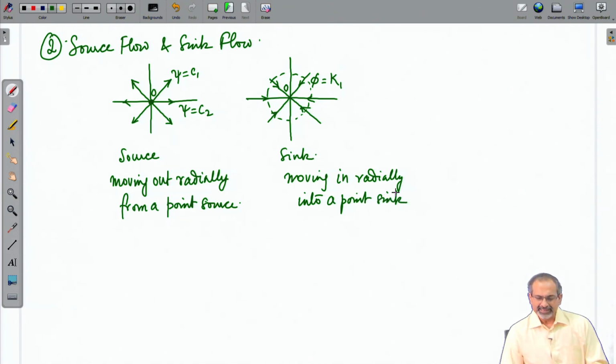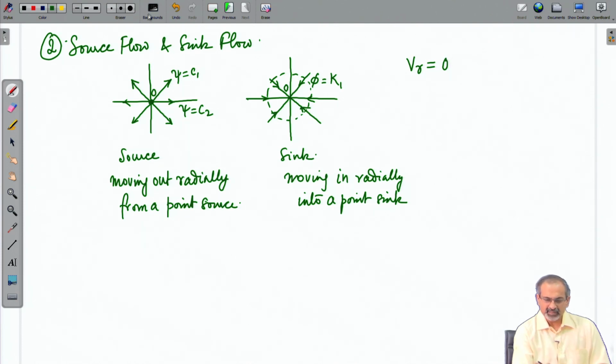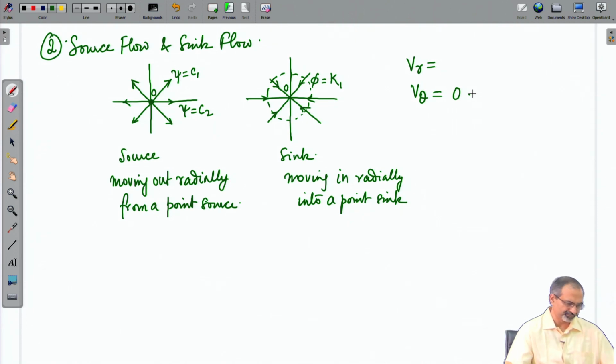Since the movement is radial, it will be more convenient to make use of the cylindrical polar system to indicate the velocities. So, the radial velocity in this case is non-zero, while the tangential velocity is equal to 0.